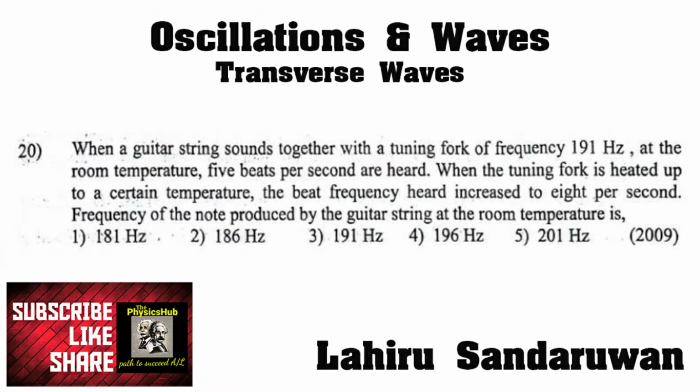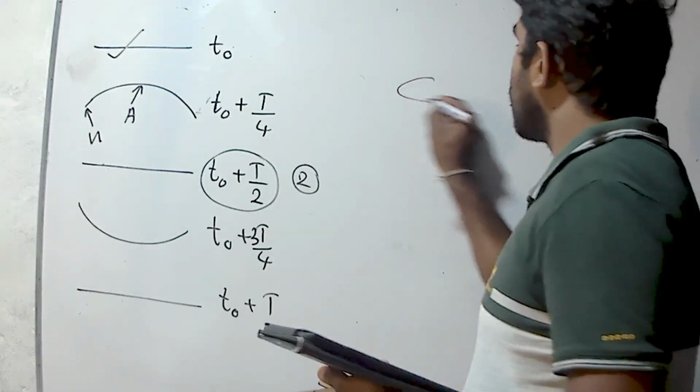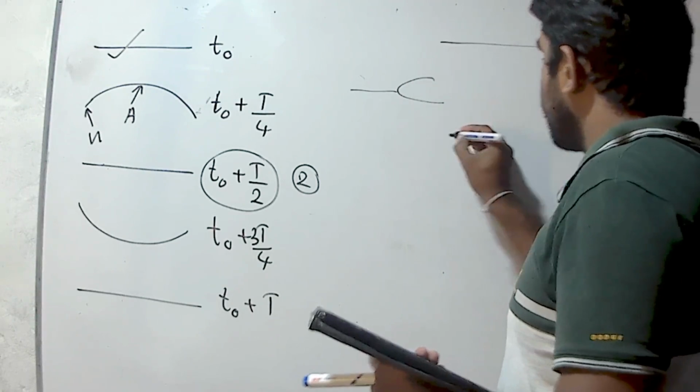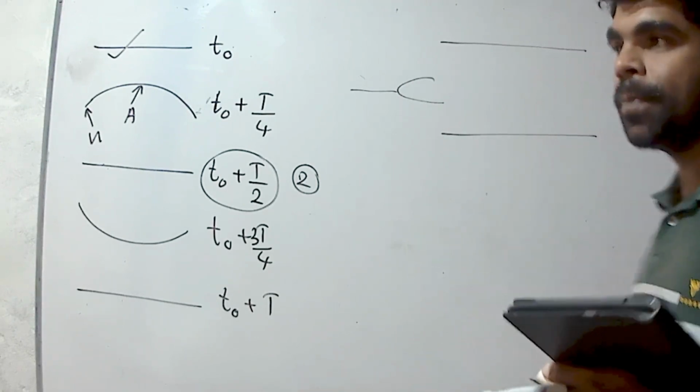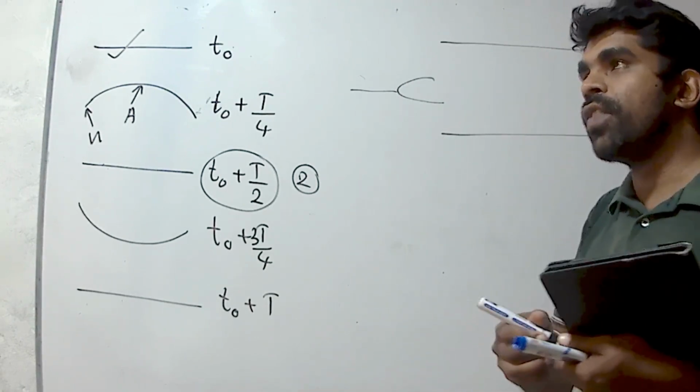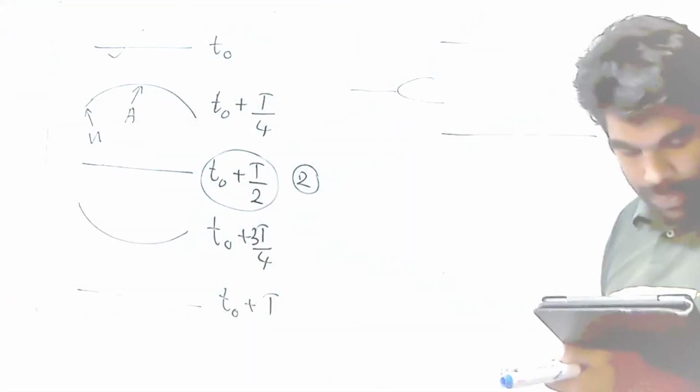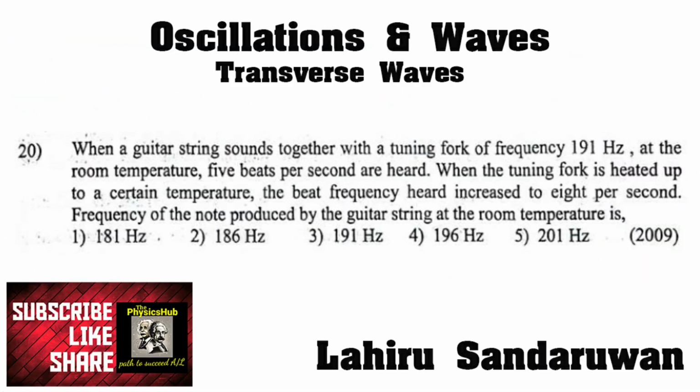When a guitar string sounds together with a tuning fork of frequency 191 at room temperature, 5 beats per second are heard. It means the difference between the frequency of the tuning fork and the wire should be 5. When the tuning fork is heated up to a certain temperature, the beat frequency heard increases to 8 per second.